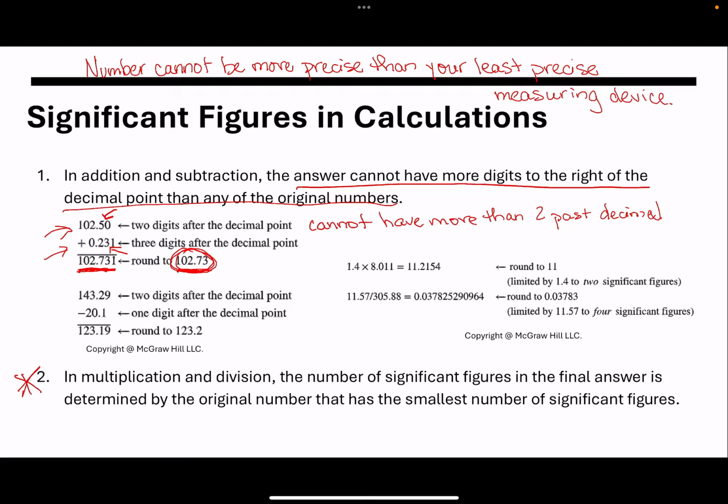So obviously, in this problem, this was our least precise measuring device because it only went out two places past the decimal. So that meant that our final answer could not go more than two places past the decimal.